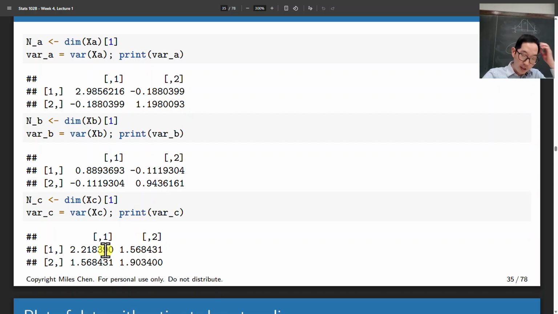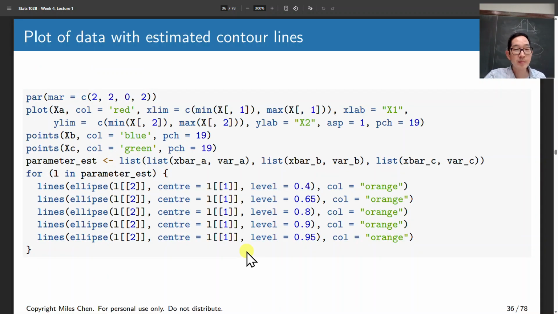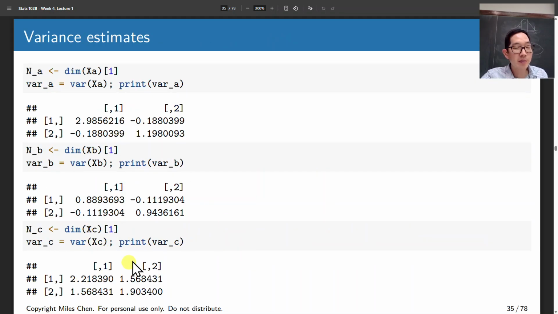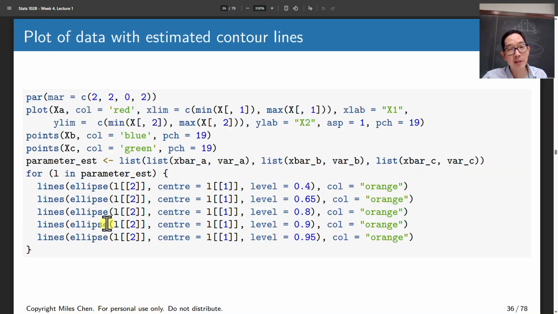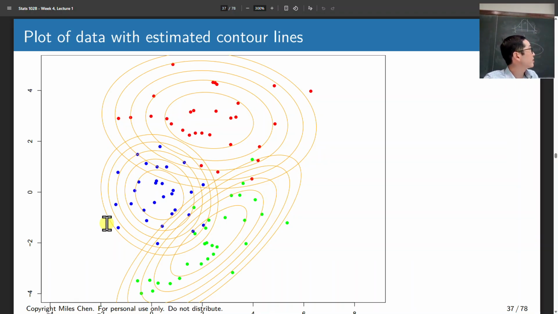And for observations in class C, we had 3 on the diagonal and 2.5 on the covariance. For whatever reason, we didn't have as much variance in our sample of data. And so what I'm going to do here is, using these variance estimates and these mean estimates, plot what the resulting ellipses would look like.